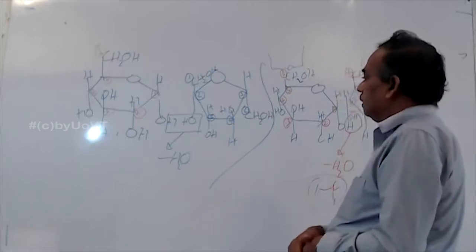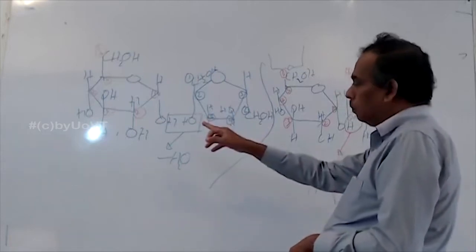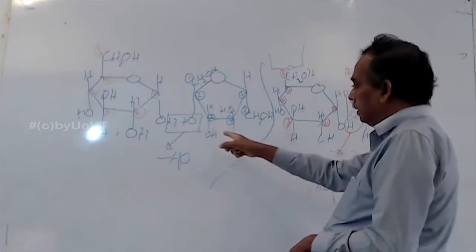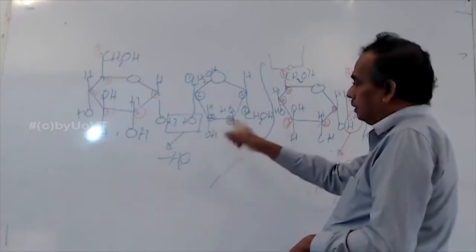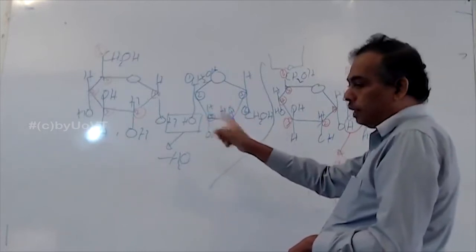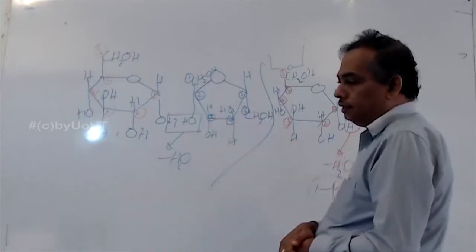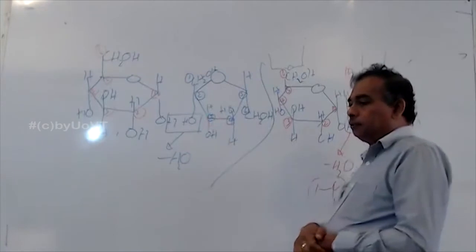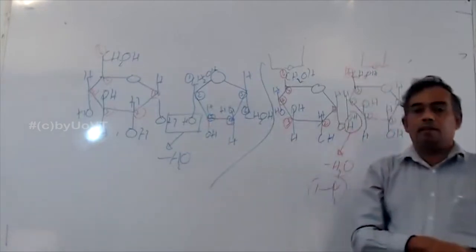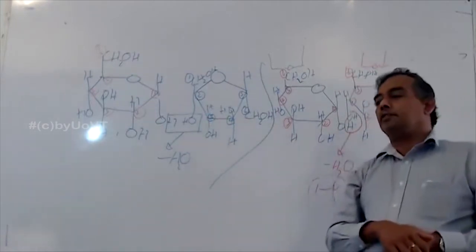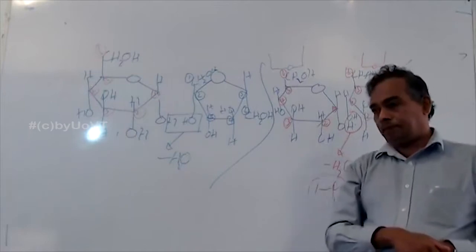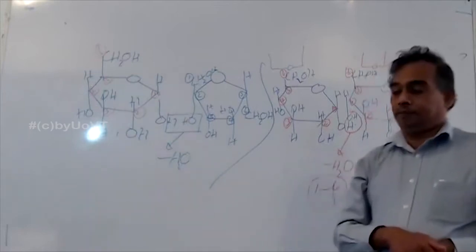The difference is that here the first carbon of the glucose is joined with the second carbon of the fructose. The first carbon of the glucose, as we explained when we discussed monosaccharides, is the anomeric carbon.